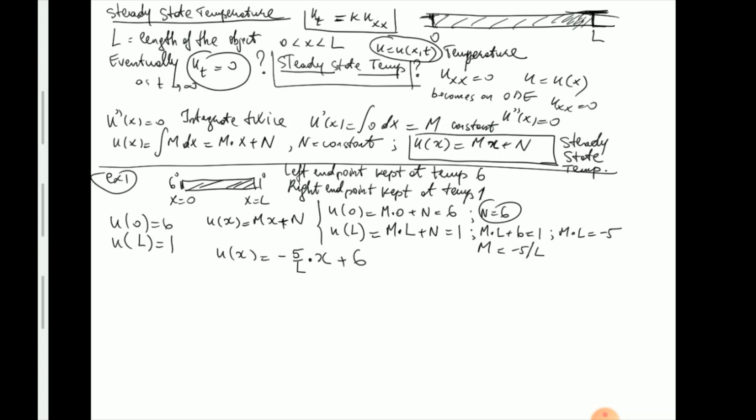Okay, so if you were to sketch this temperature with respect to x, at x equals 0, it's going to start over here from 6 degrees, and then it's going to be a decreasing function. If I replace x with L, obviously it's going to be 6 minus 5, which is 1. So it's going to drop until 1 here.